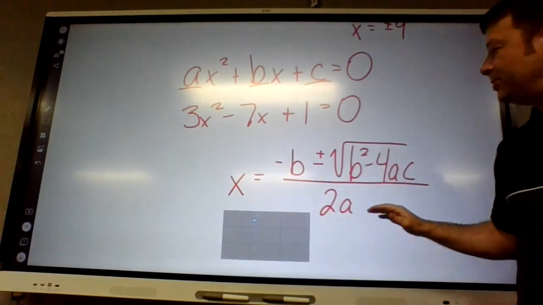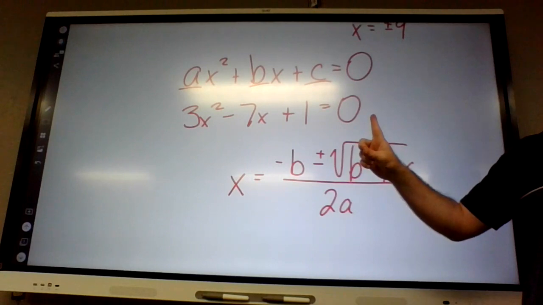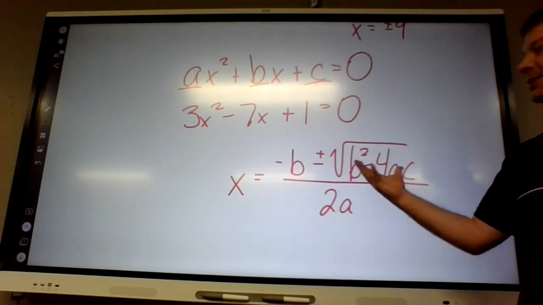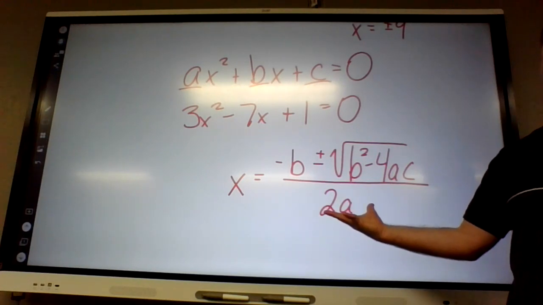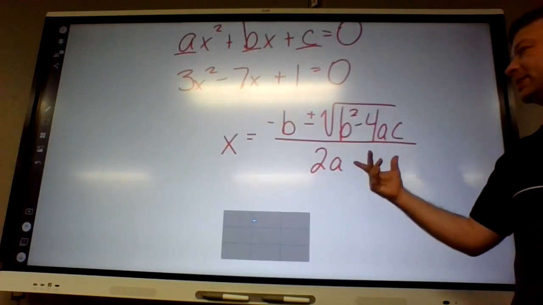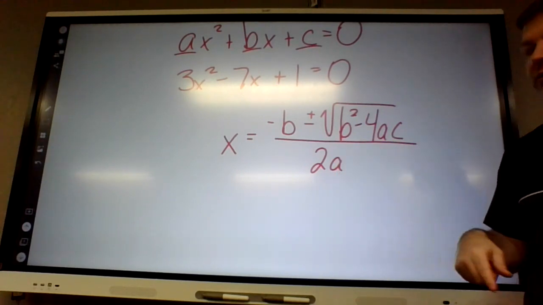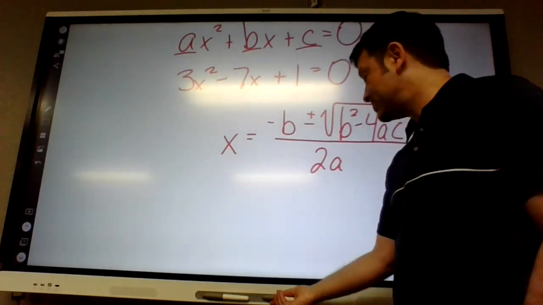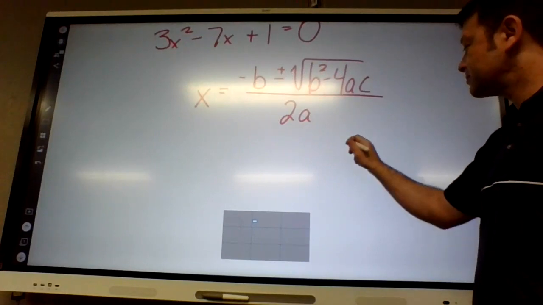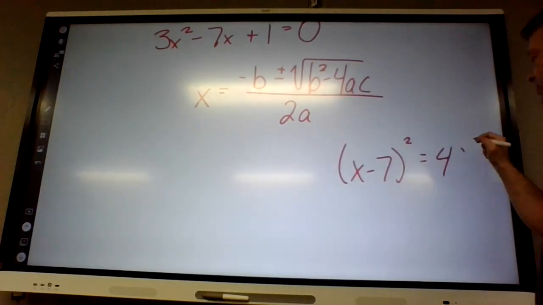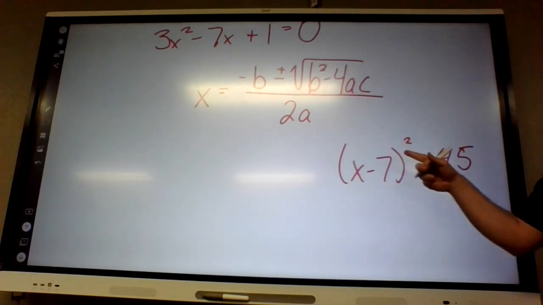So usually it's either factoring or this. Completing the square, you could do it, but it's not as efficient as the formula. So usually it's does it factor, and if it doesn't, let's just use this. That's basically the way it goes. Now sometimes, if the problem already looks like this, just square root it.